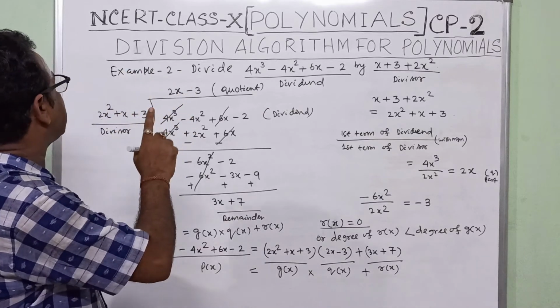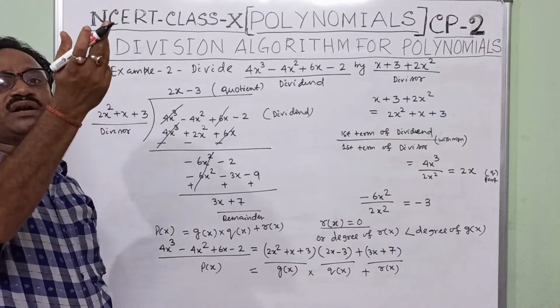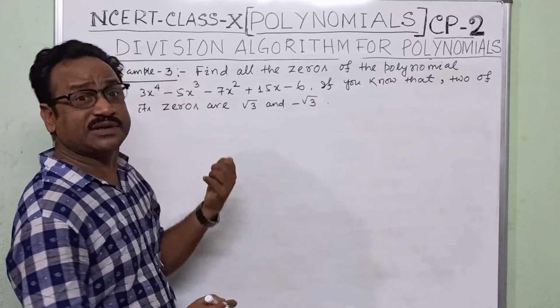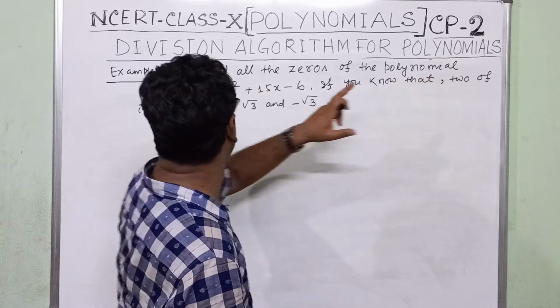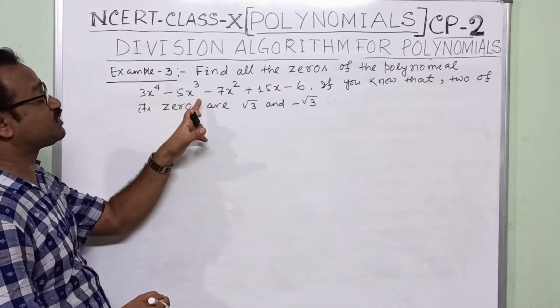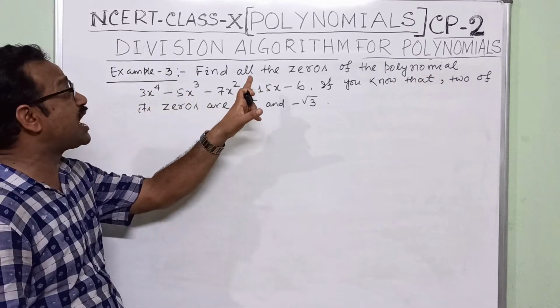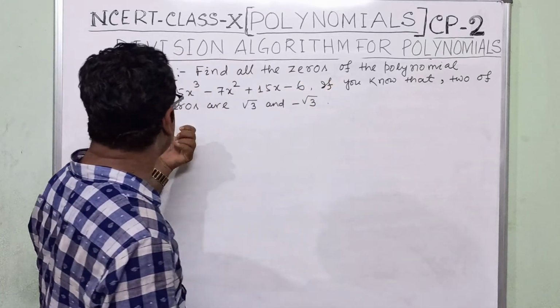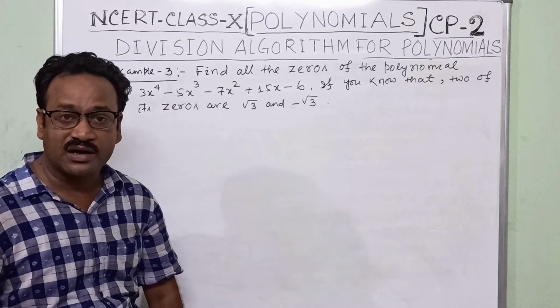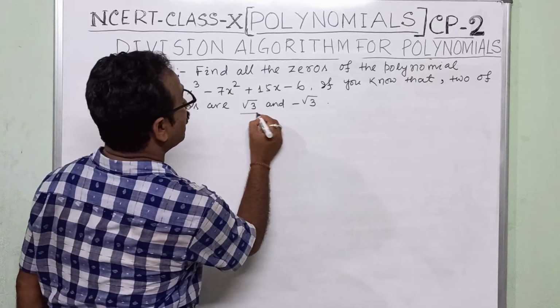Okay, we'll move to the next example for better understanding. Example 3. Find all the zeros of the polynomial 3x^4 minus 5x cube minus 7x square plus 15x minus 6, if you know that two of its zeros are root 3 and minus root 3.